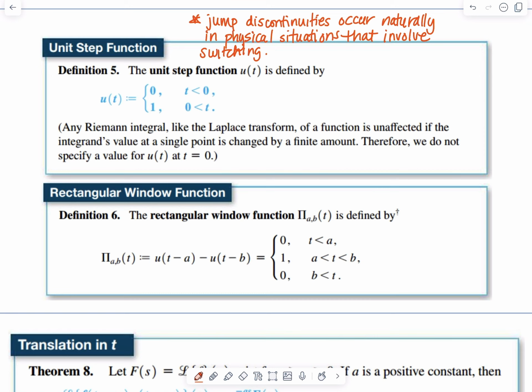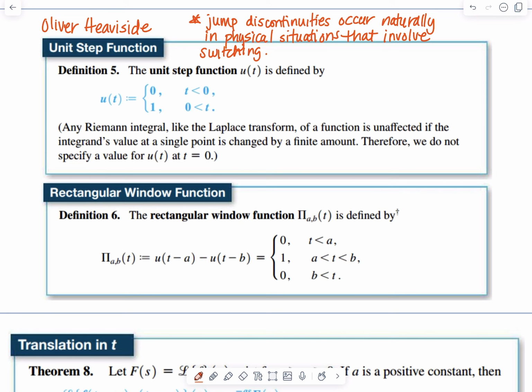This unit step function was introduced by Oliver Heaviside. And let's take a look at this. The unit step function u of t is defined by u of t equals 0 for t less than 0 and 1 for t greater than 0.